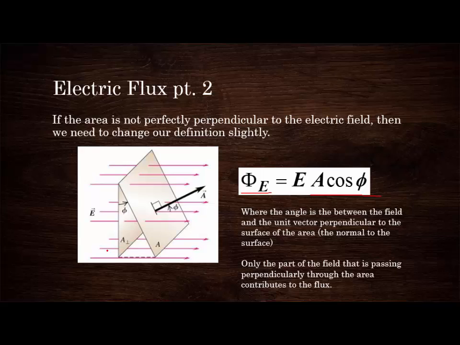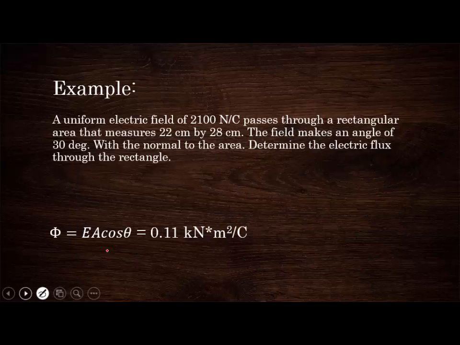So if this is my field, these pink lines, and this is my surface, if I draw a normal vector, a vector perpendicular to the surface of the square, then what I'm looking for is, draw this line up here to complete the triangle, this angle here, the cosine, right? Because I want the cosine component of this vector so that I get the perpendicular component.